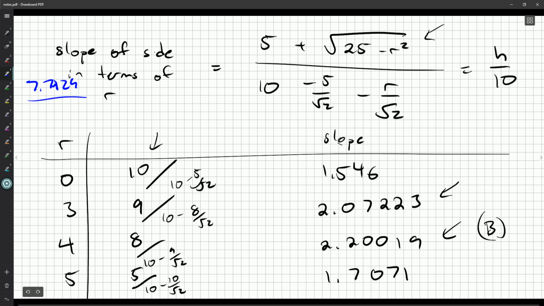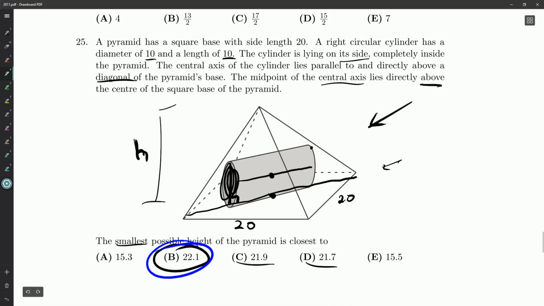So divide by 3.4946. So 7.7129 divided by 3.4946 is about 2.207. A little bit higher. And then, of course, remember you multiply by 10 to get the smallest h can be, and that's far clearer that it's about 22.1. So now I have more exact reason to believe B is the answer.